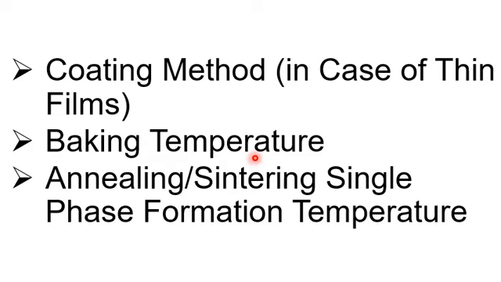Okay, so in the spin coating process, the sol gel solution is spin coated onto the surface of the substrate, and after spin coating they are heated, and at the end of the day we achieve a thin film.